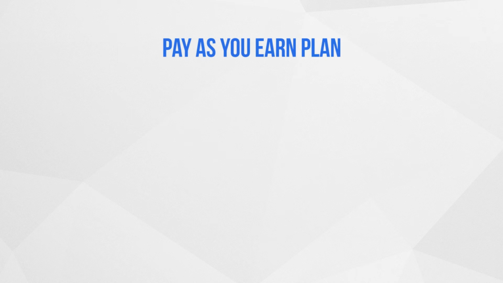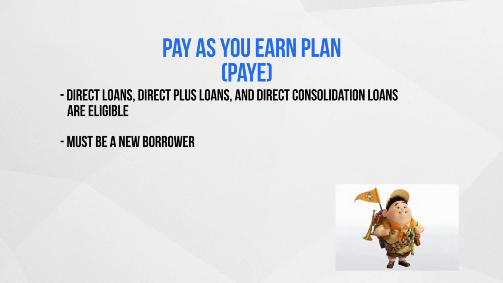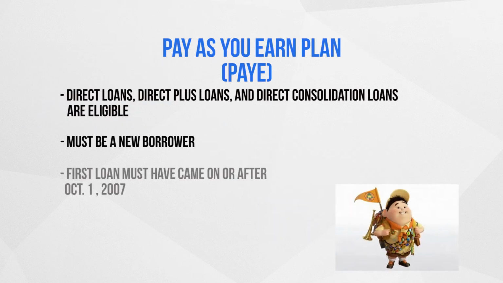Next is the Pay As You Earn plan, or the PAYE plan. Direct loans, Direct PLUS loans made to students, and Direct consolidation loans are all eligible here. So basically all direct loans. To qualify for the Pay As You Earn plan, not only can your payment not be higher than 10-year standard plans, but you also have to be considered a new borrower here as well, which for the purposes of this plan means your first loan came on or after October 1st, 2007.